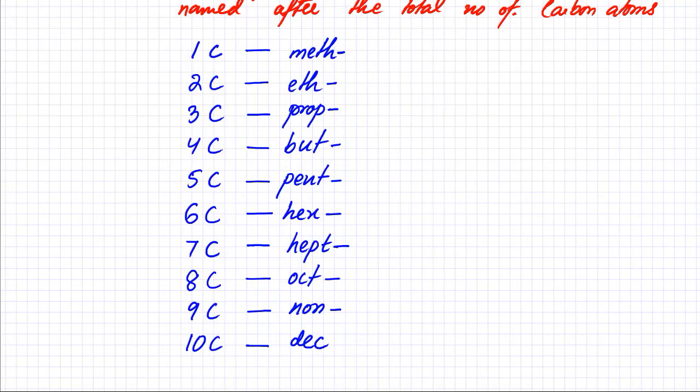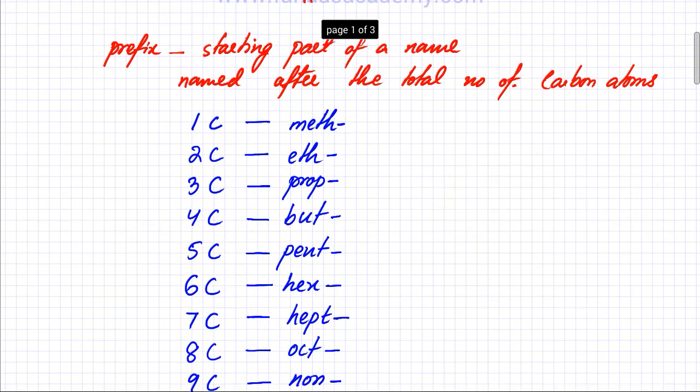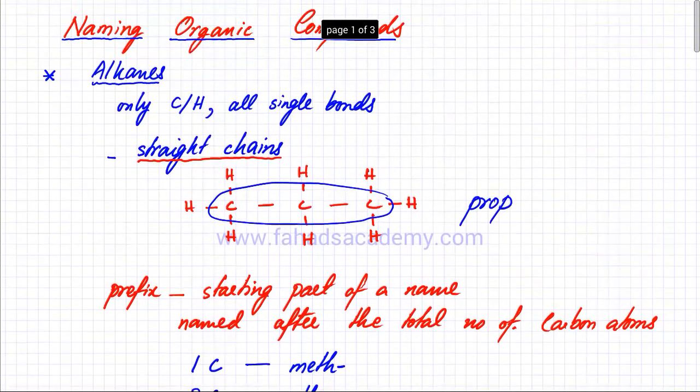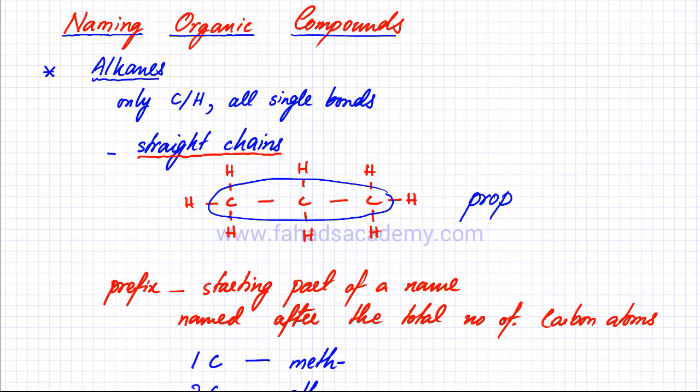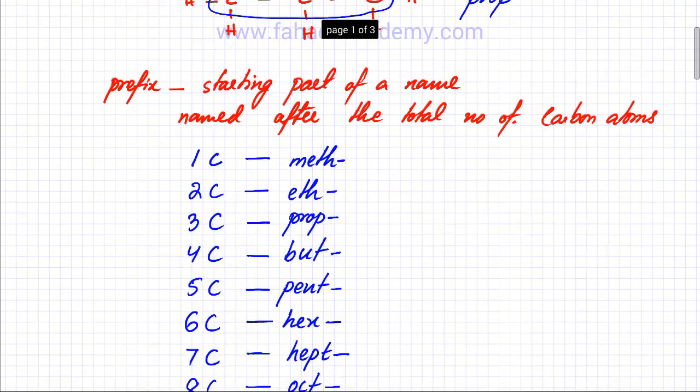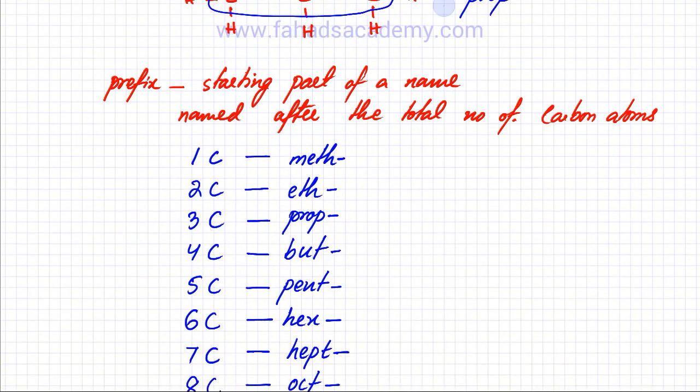When we are talking about alkanes, we already figured out what the name would start off with. If a particular compound is part of this homologous series, its name would always end with ane.